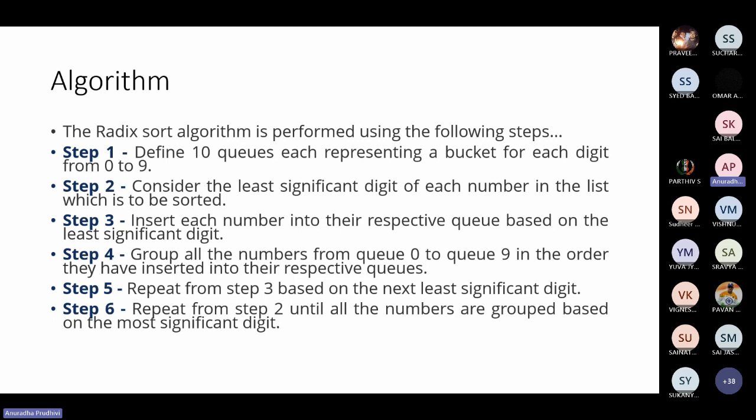Next, we have to repeat this until we reach the most significant digit. Repeat from step 3 based on the next least significant digit. That means again we choose the next least significant digit and do the same procedure: insert it in a queue and then group all the numbers.